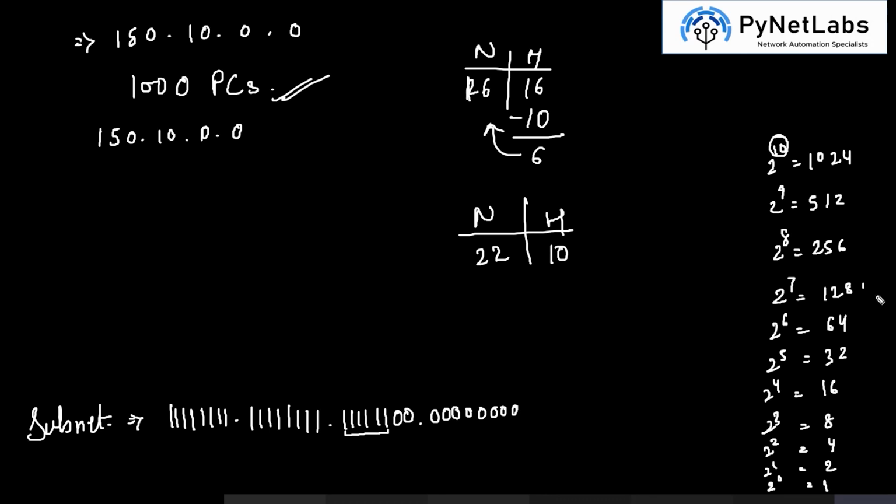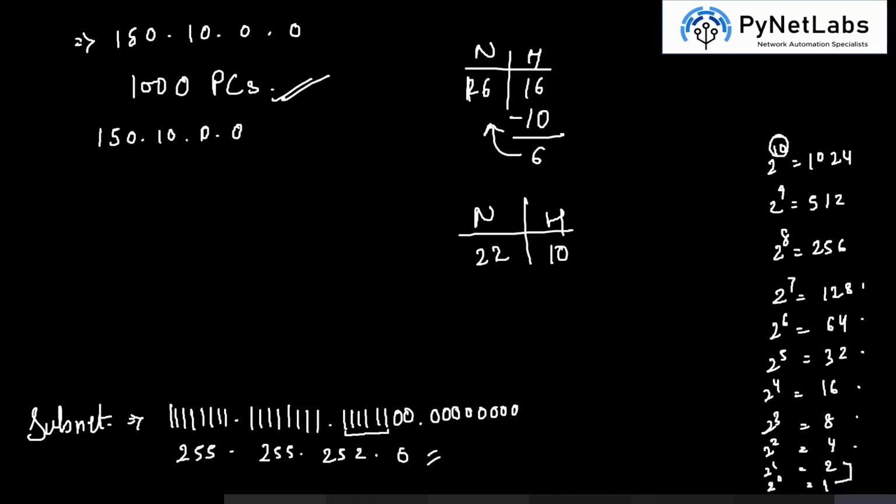We will turn on the first 6 bits, 1, 2, 3, 4, 5, 6, and the value which you get after adding them up is 252. Either you can add them up, or you can simply subtract this from 255, which is 3. So 255 for the first one, then again 255, then 252, then 0. This will be the subnet mask.